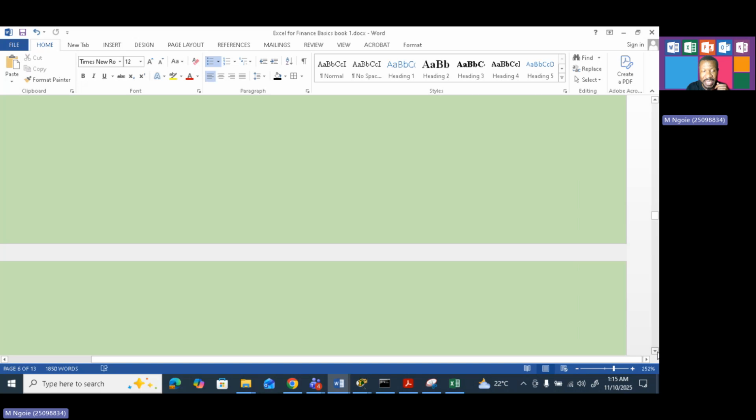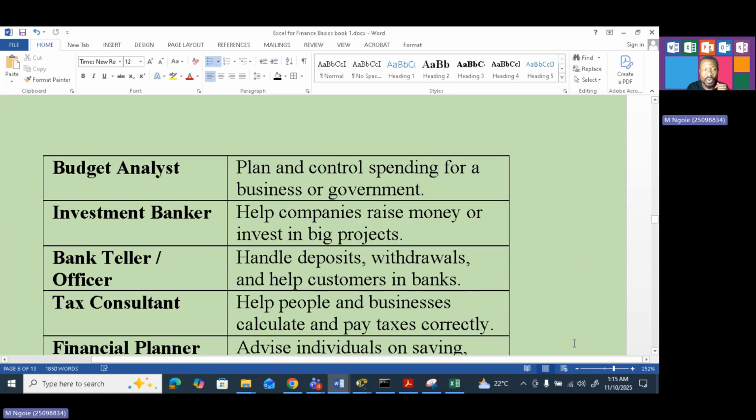Not only those three, when you know finance, you can also work as a budget analyst, planning and controlling spending for a business or government. You can also work as an investment banker, helping companies raise money or invest in big projects, right? You can also work as a bank teller or officer, handling deposits and withdrawals, and helping customers in banks.